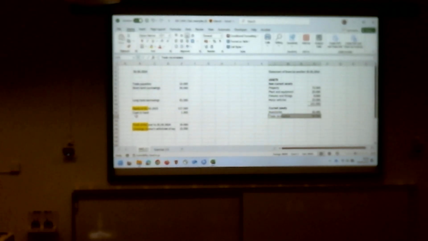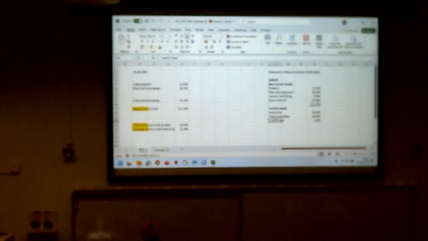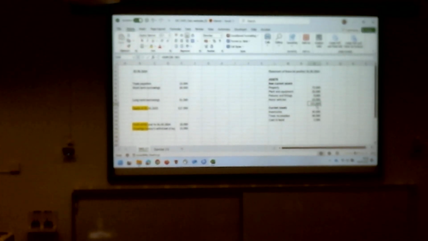So the receivables and the cash. You see, even the book is not consistent. Sometimes it's cash at bank, sometimes it's cash, sometimes it's cash in hand, but it's all the same. Just don't get confused with these things. And I think we're good, right? Nothing left.